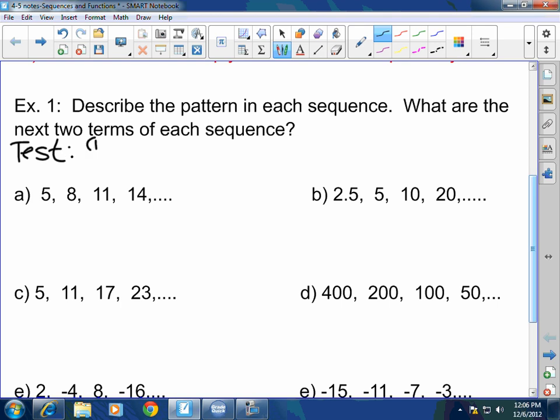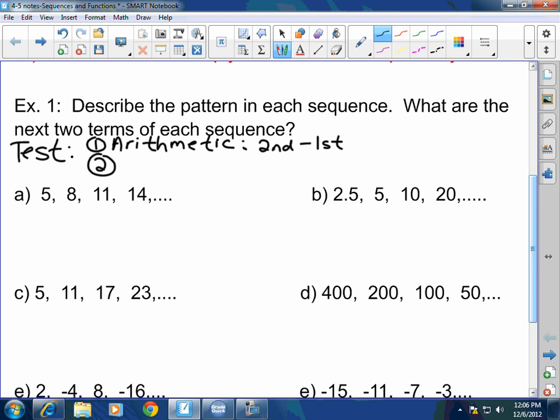Our first test will be for arithmetic. When we do this test, remember, the answer that we get here must be added to everything repeatedly. So to test for arithmetic, you go second term minus first term.